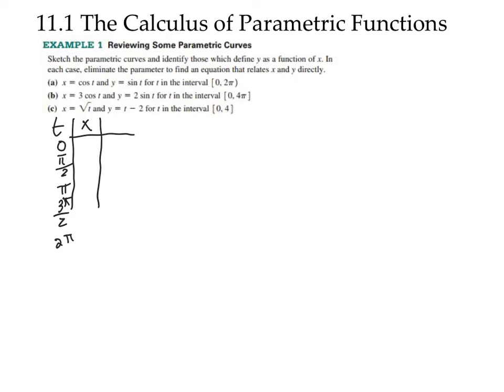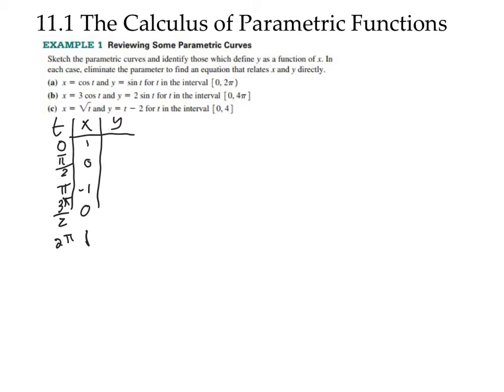For x, cosine of 0 is 1, cosine of pi over 2 is 0, cosine of pi is negative 1, cosine of 3 pi over 2 is 0, and cosine of 2 pi is back to 1. Sine, of course, goes through the same numbers, but phase shifted.